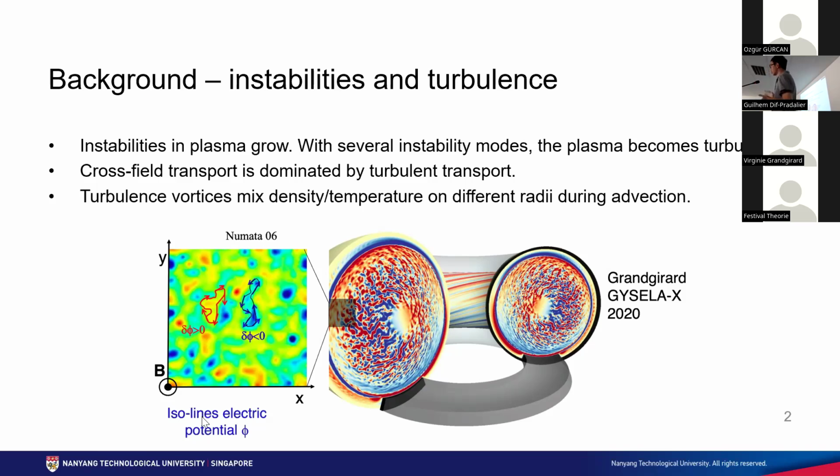This is not very good because what we are looking for is the fusion triple product, which includes temperature. It is also a problem of confinement time, because if you move energy from inside to outside very quickly, you lower the confinement time. So overall, this is a reduction to the performance of the fusion device. That's why we are very interested in studying turbulence in plasma in tokamaks.